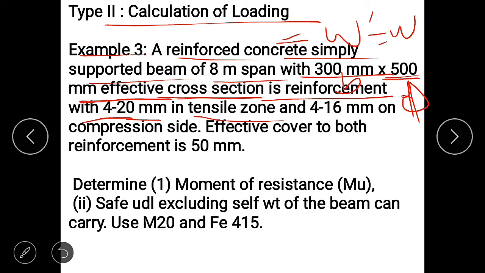How to calculate AST? The AST formula is number of bars into pi by 4 into d square. Number of bars is 4 into pi by 4 into d is 20 square. So we get AST. And 4 bars of 16 mm on the compression side means ASC. ASC is equal to number of bars into pi by 4 into d square.